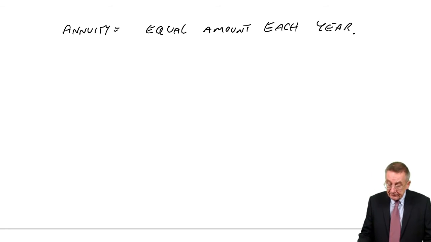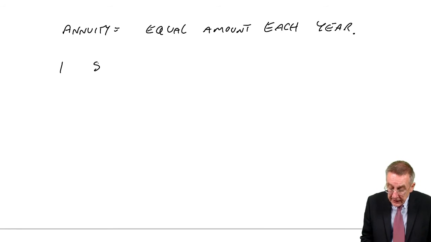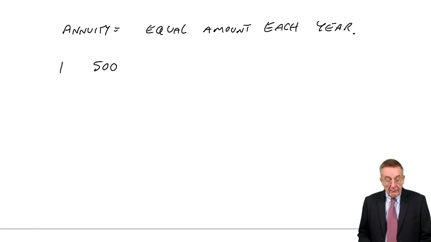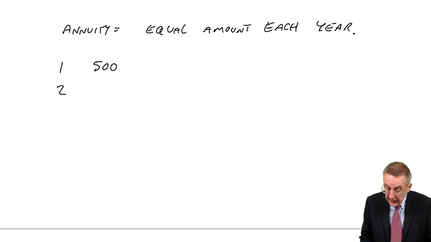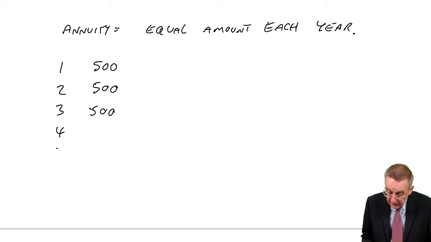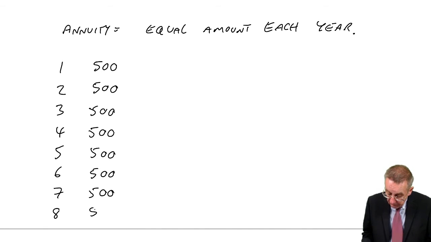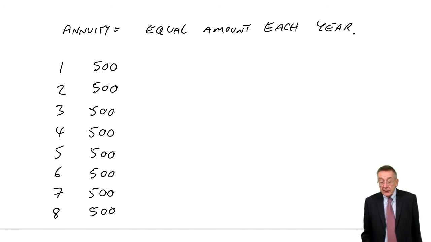So what does that mean? We're going to get 500 in 1 year, but we're going to get it every year. So we're going to get it in 2 years, in 3 years, 4 years, 5, 6, 7, 8. And it wants to know the present value.